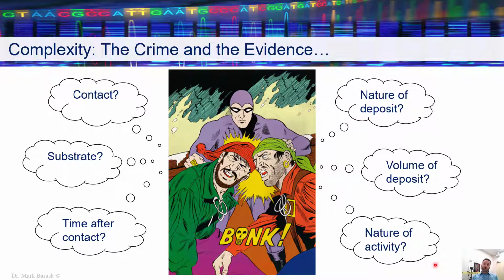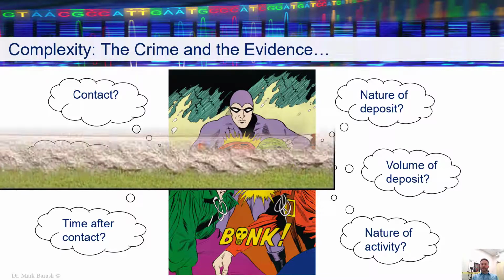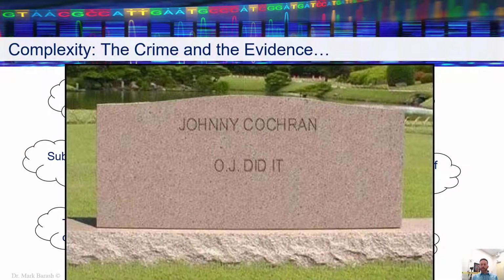The court, on the other hand, wants to know, did O.J. Simpson murder Nicole Brown and her boyfriend or not? And this is a very different question which we as forensic scientists cannot really answer. I mean, maybe we can in theory, but this is really beyond the area of our professional expertise.